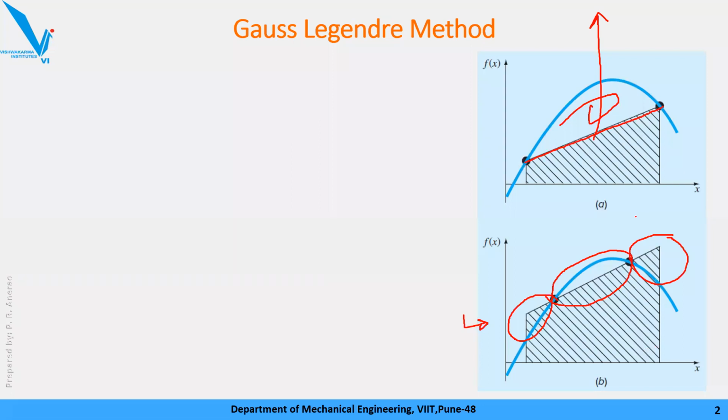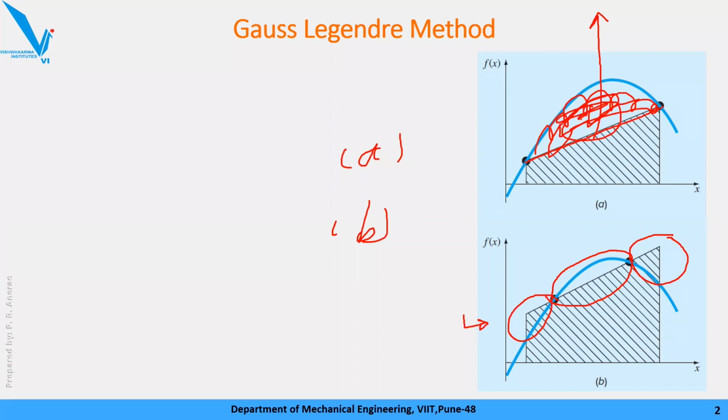Now you can observe, if we compare figure A and figure B, you can definitely say that in figure A, the area or the integration has maximum error. A lot of your area has been missed, right? So this is the amount of error in the trapezoidal rule.